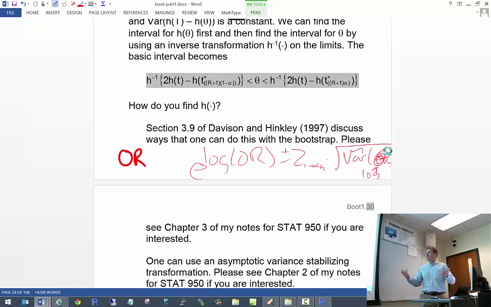That's probably a longer explanation than what was needed, but this is how it works within the basic interval, is that you actually find an interval first for h of theta. So this is my interval for h of theta. And then to get back to the theta scale again, use the inverse transformation with it. So the h function itself could be the log function, then h inverse could be the exponential function.